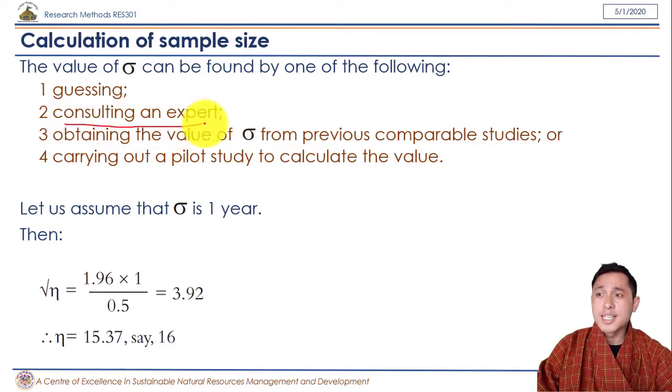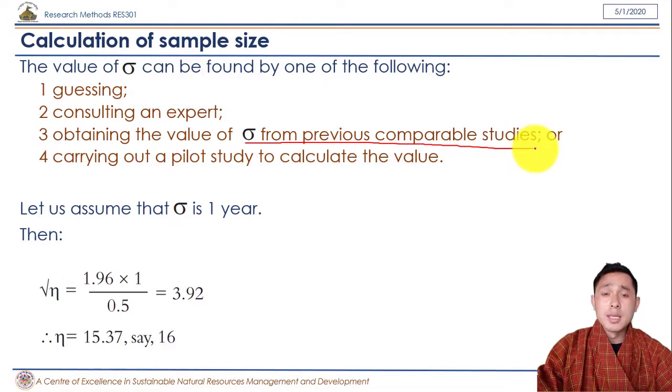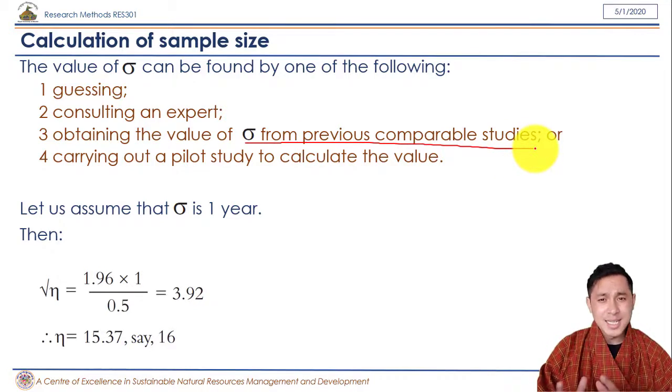Sometimes you can consult an expert who has already done similar research in that field. Sometimes you can get the standard deviation values from previous comparable studies. Similar studies must have been done in that area, but not exactly on the age, so you may get some information from there.